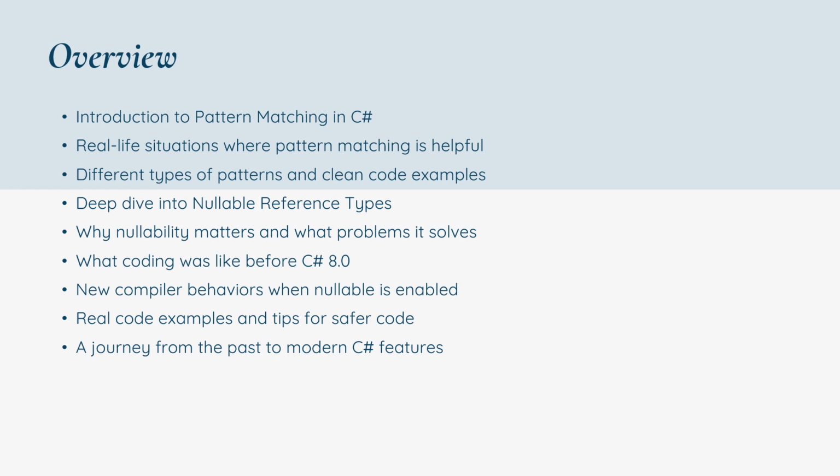And you will learn why nullability matters, what problems it solves, and how coding used to be before C#8 introduced this concept. We will also look at the new compiler behaviors that come with enabling nullable references, including warnings that guide developers toward writing safer code. Throughout the presentation, practical code examples and tips will help you understand and apply these features effectively.